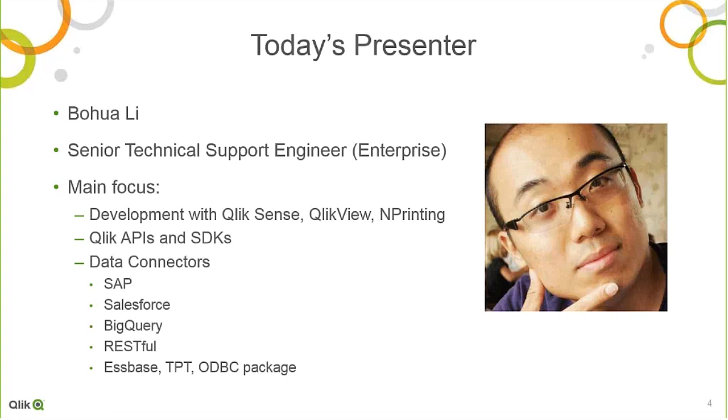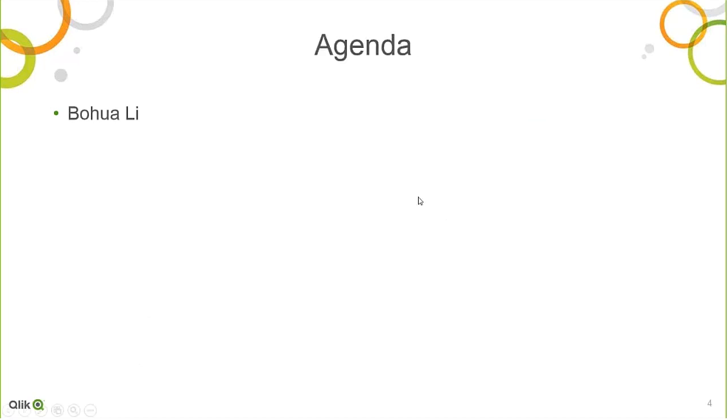So today we're going to talk about troubleshooting Qlik Sense APIs. Today's agenda will start with a Qlik Sense API overview. We will talk about all the APIs in Qlik Sense, how they communicate with each other, how they are organized in the system, and some of the background architecture.